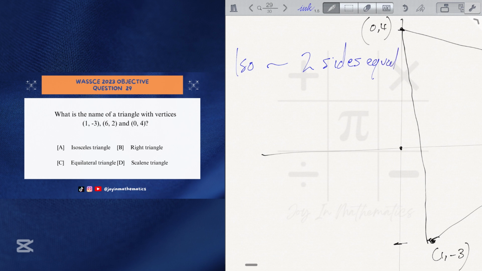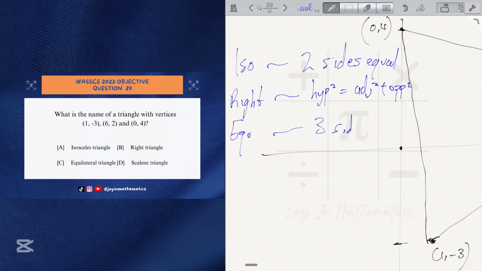When we have a right angle triangle, we have the Pythagoras theorem that says the hypotenuse squared is equal to adjacent squared plus opposite squared. An equilateral triangle means all three sides are equal. And when we have a scalene triangle, we have no sides equal.